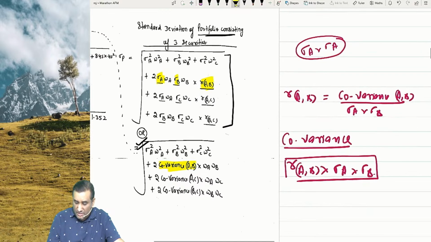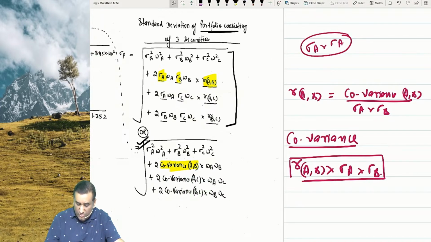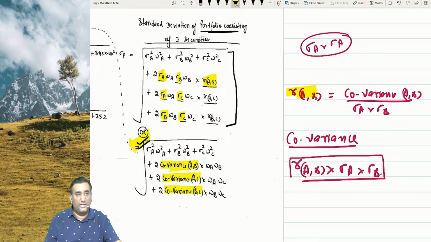Generally you will find in the books that they use this as the formula, and they substitute covariance. RAB is basically covariance AB divided by standard deviation A into standard deviation B, and covariance would be RAB times standard deviation A times standard deviation B. That's the formula we'll be using.